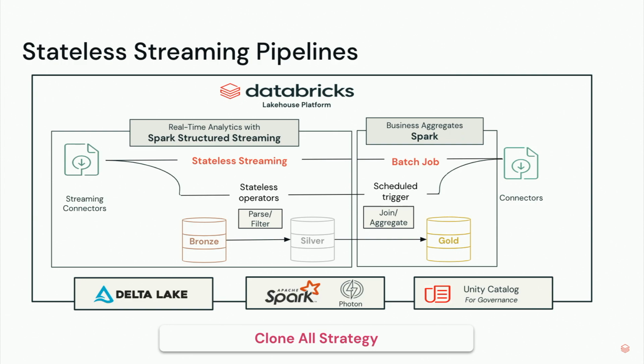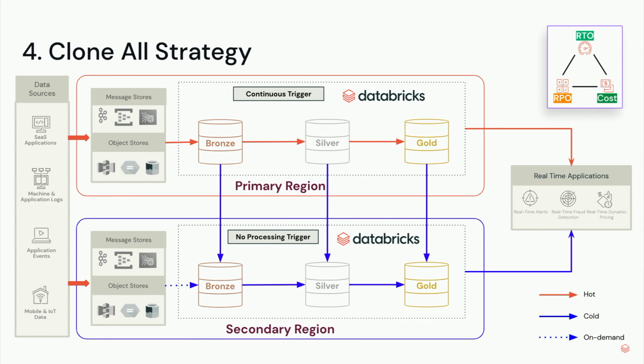But both are basically stateless pipelines with respect to streaming. For stateless pipelines, the recommendation is to go with the clone all strategy, which is basically cloning all the tables periodically and keeping track of the offsets, so that whenever a disaster happens, you can resume from the same point in the secondary environment.